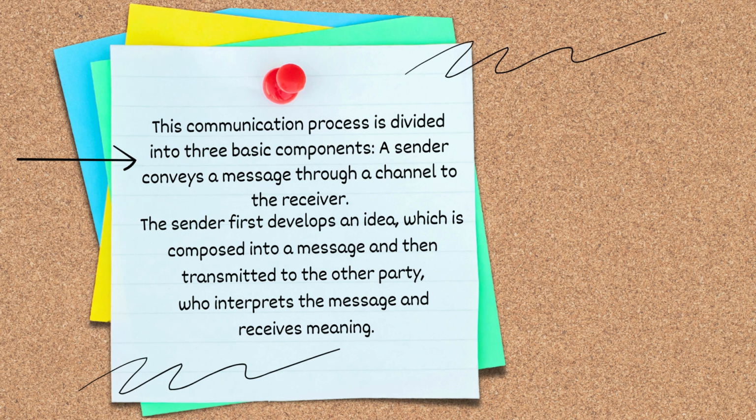A sender conveys a message through a channel to the receiver. The sender first develops an idea which is composed into a message and then transmitted to the other party, who interprets the message and receives meaning.